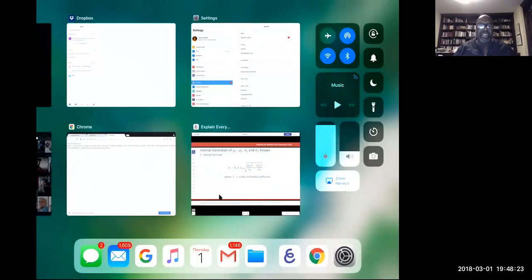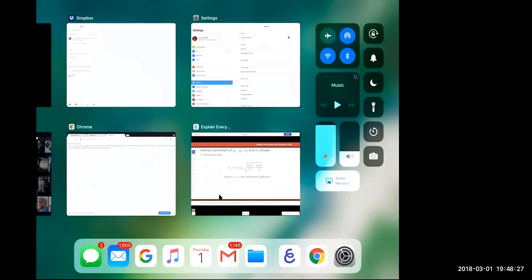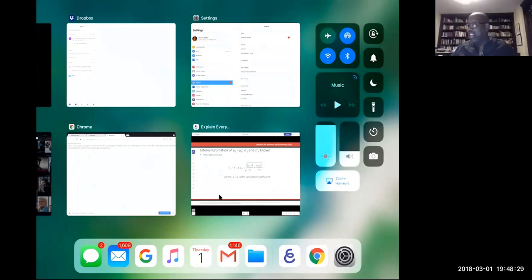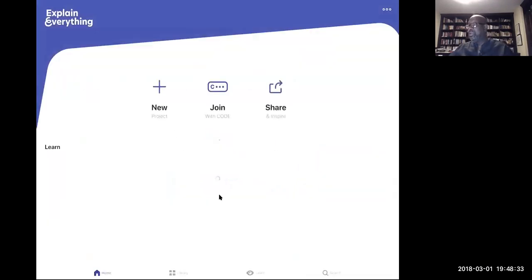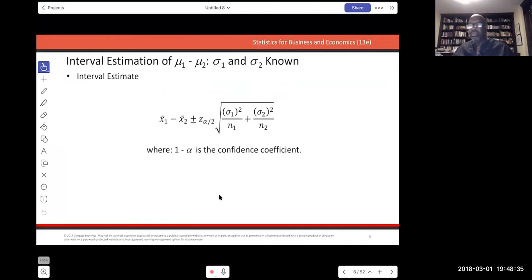Yes, you're seeing that for sure. Yeah, we can see it. Right, because I definitely had to reboot the iPad because most times I just put it to sleep. I never really shut it off, so it probably needed to restart.